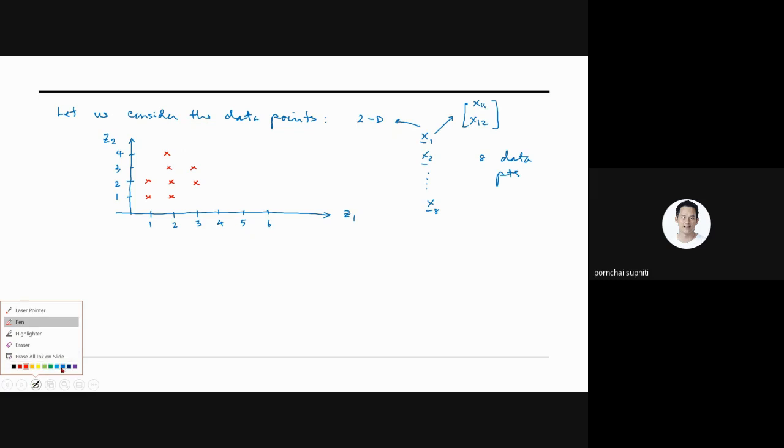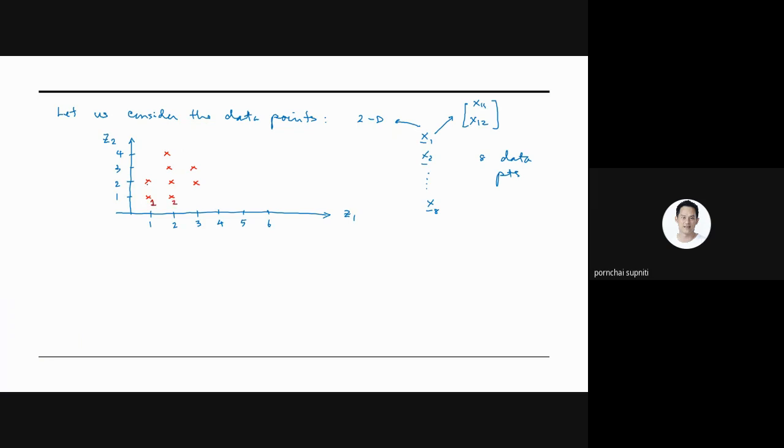So let me write down each one so that we understand what it is. Say this is x1. Oh, the color is not so clear. Okay, let me use this color. So this is x1, x2.